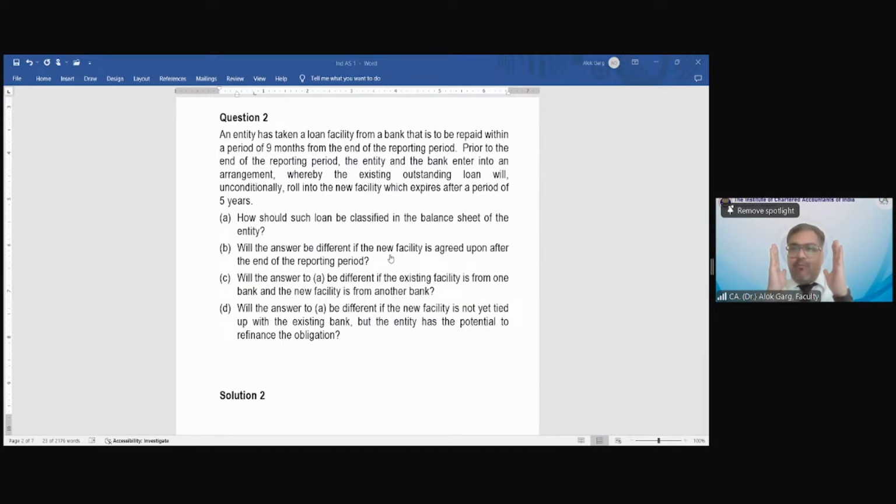So from one bank, you have to pay that bank within 9 months from the end of the reporting period. And another bank will pay you the money, and from that money you will pay this bank. So the new bank liability, when it comes, will be non-current. But the existing bank liability will be current.